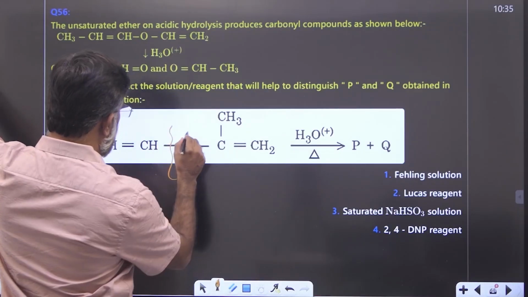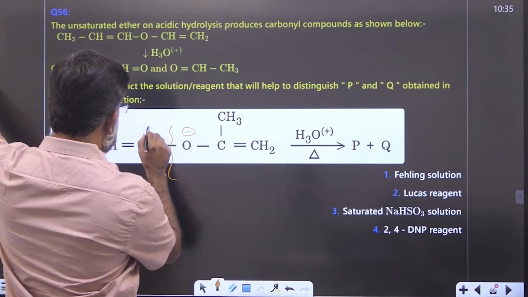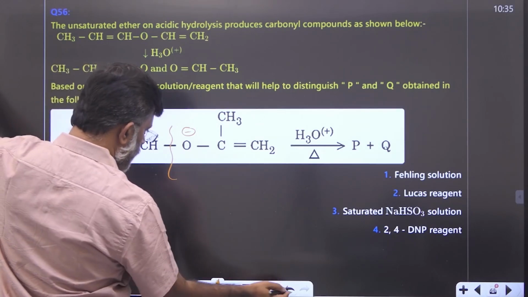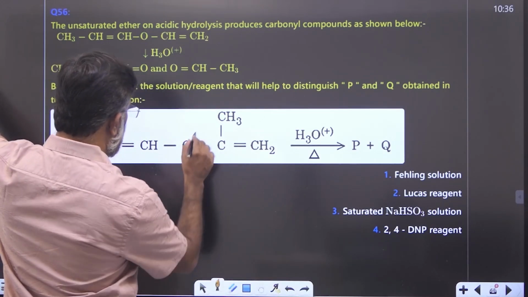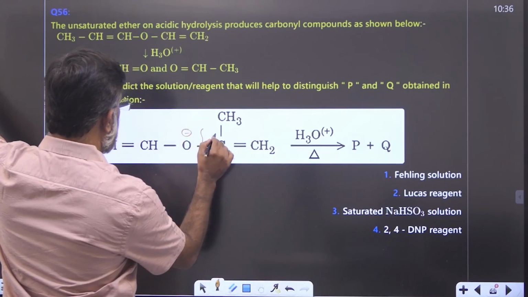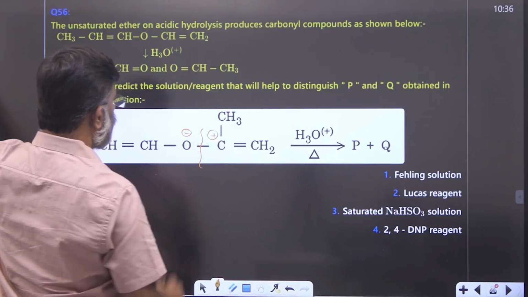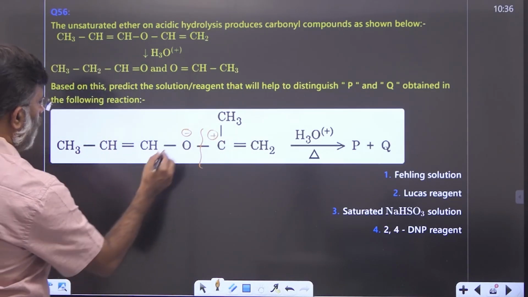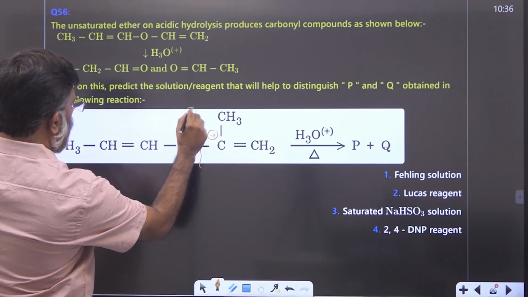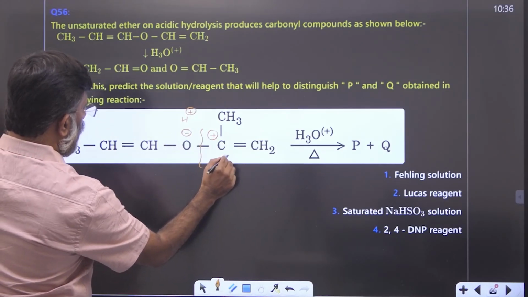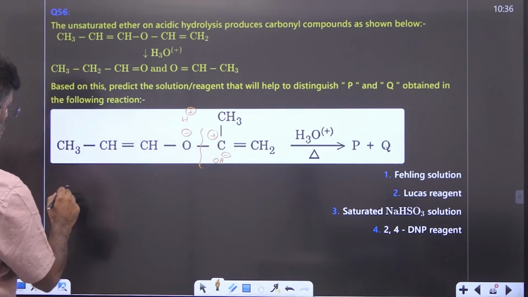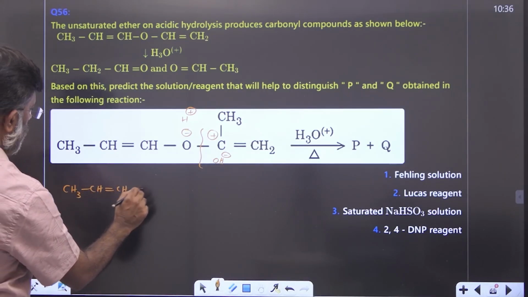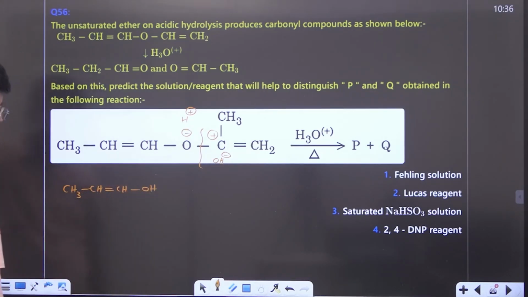It will break here, minus and plus. Both are identical. So here there will be H plus and here OH minus. The result is CH3, CH double bond CH OH.